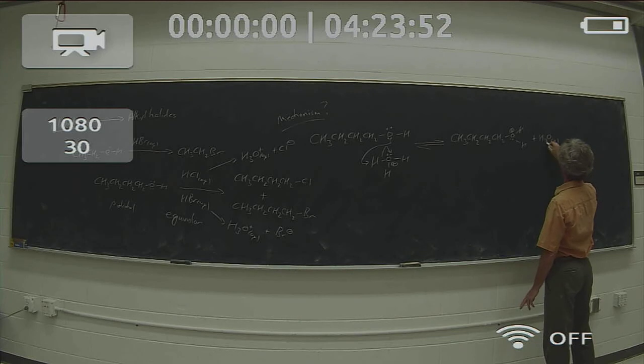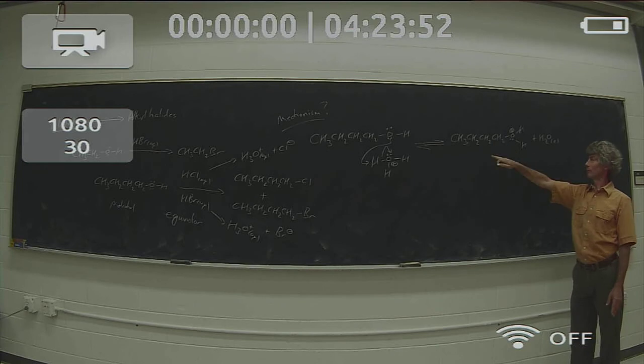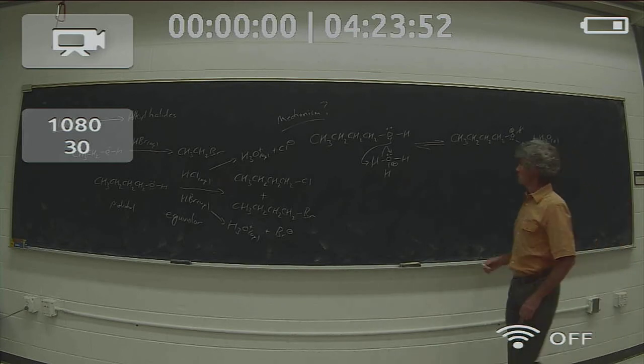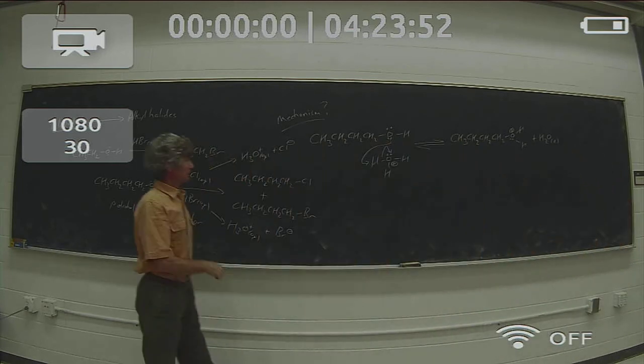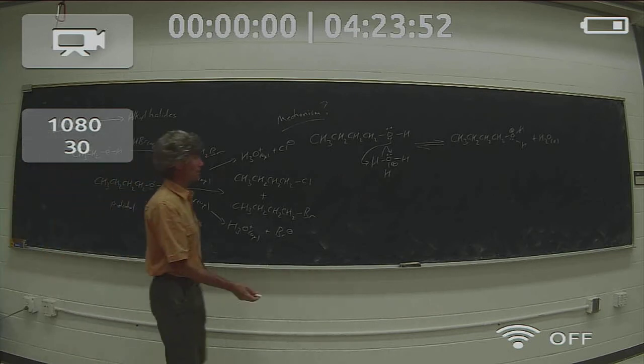There's really not that much difference with an R group associated here versus another hydrogen. We have chloride ion and bromide ion in solution.